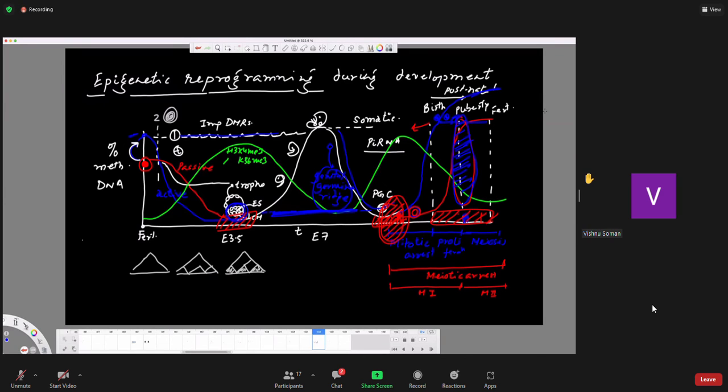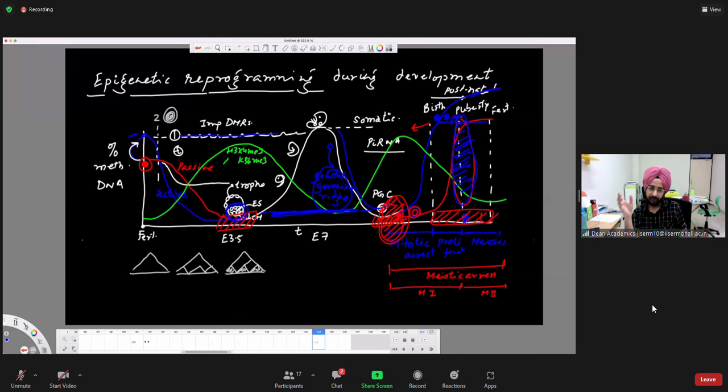Yes. And the third one: could you give any example of random monoallelic expression? Yeah, there are. I said 10 to 20% of genes show random monoallelic expression. It's not one gene, there are so many genes. These are autosomal genes, and many of them are actually related to development.